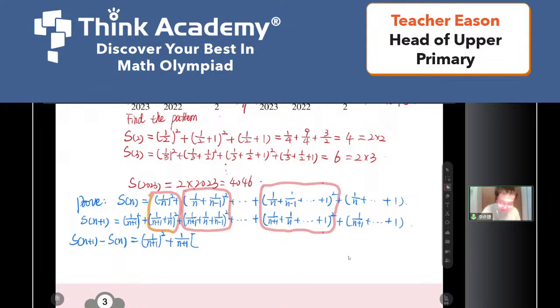In the first bracket, the sum is 2 over n and 1 over n plus 1.